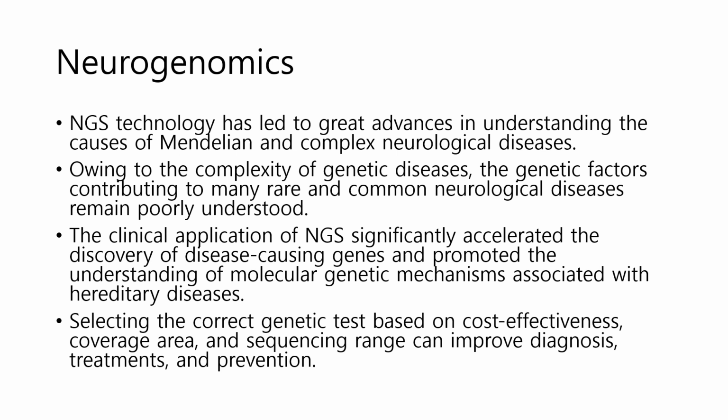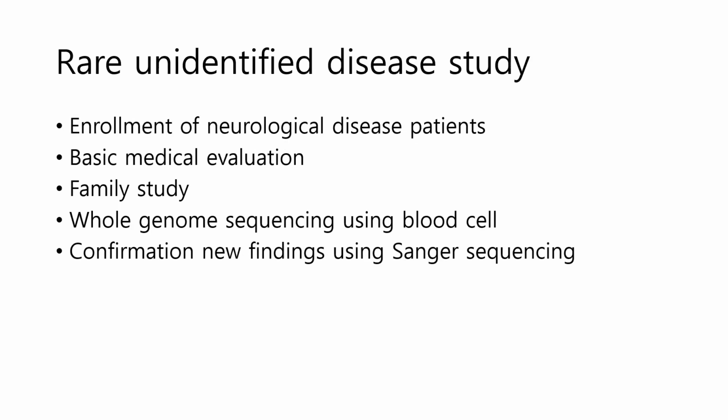Selecting the correct genetic test based on cost effectiveness, coverage area, and sequencing range can improve diagnosis, treatment, and prevention of urological disorders. Now I will explain some of my experience in a rare unidentified neurological disease study.